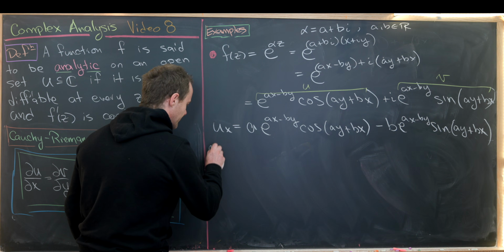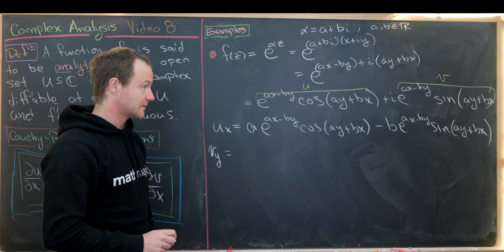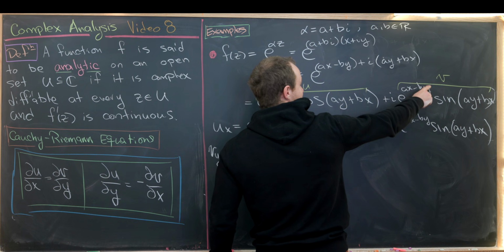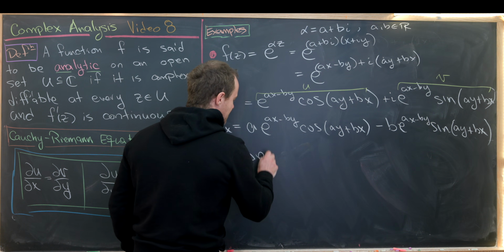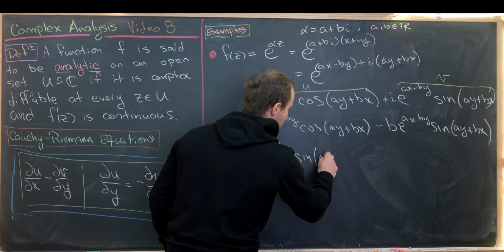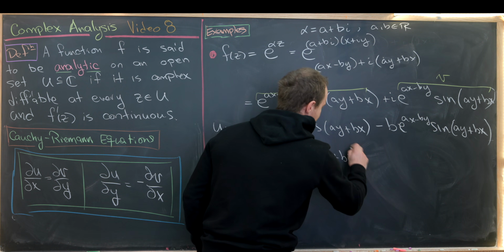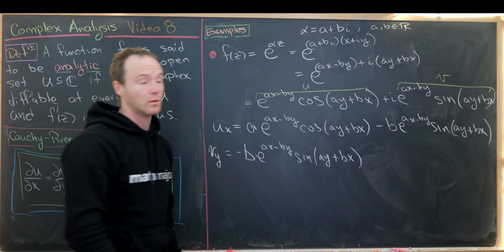Now let's take the derivative of v with respect to y and make sure we get the same thing. A minus b will come down here. That's going to give us minus b e to the (ax minus by) times sine of (ay plus bx). Now we have to take the derivative of the sine with respect to y.